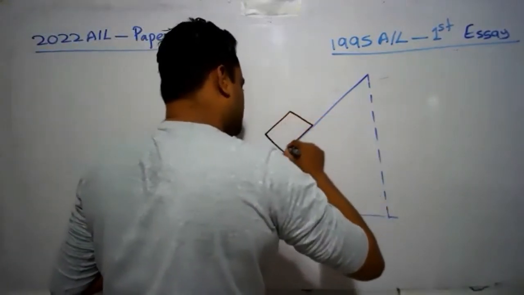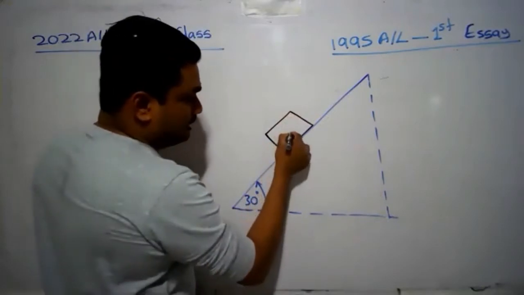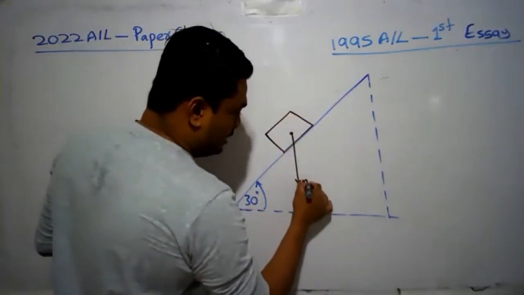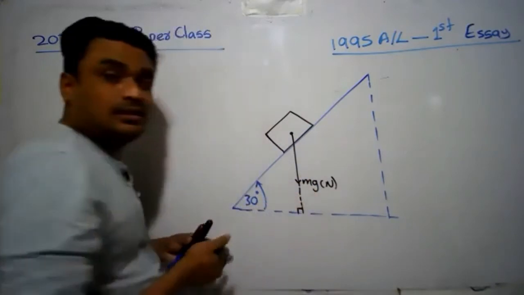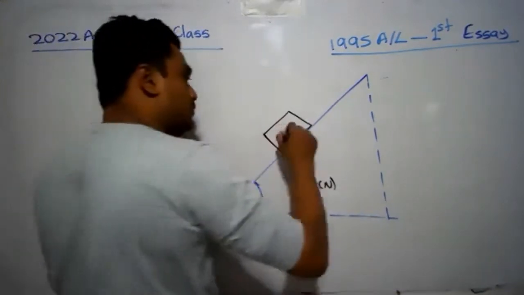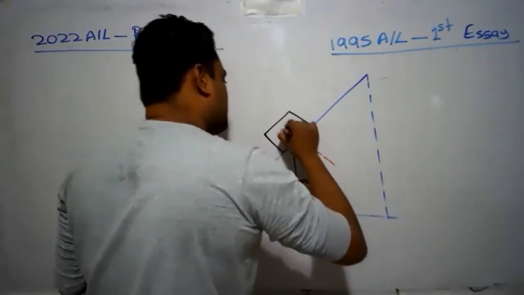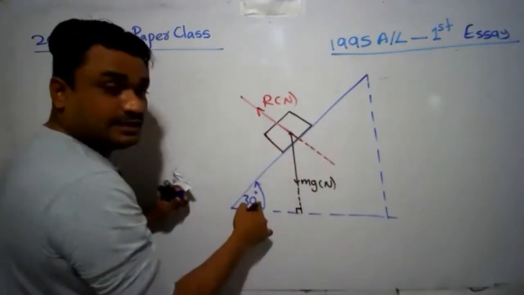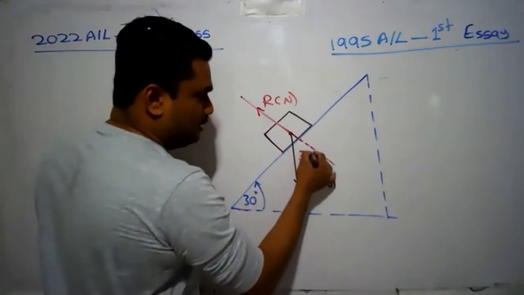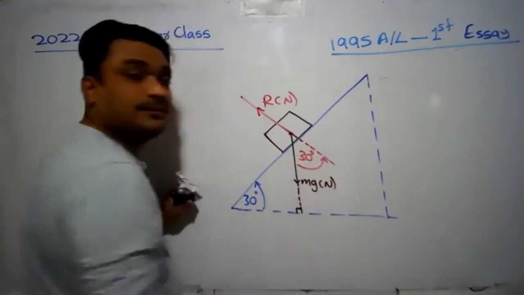The weight of the box is acting vertically downward, mg Newton. The normal reaction force given by the inclined plane acts like this, R Newton. If this is 30°, this angle will also be 30°.